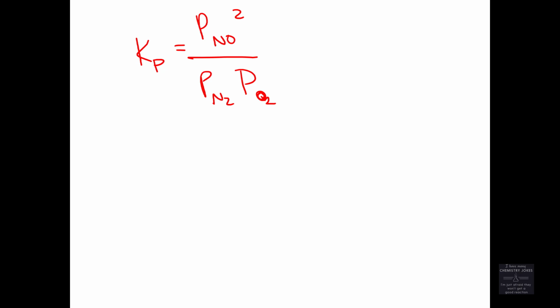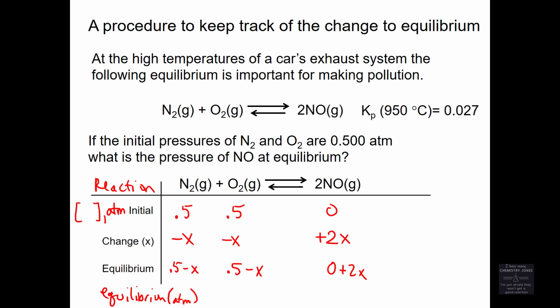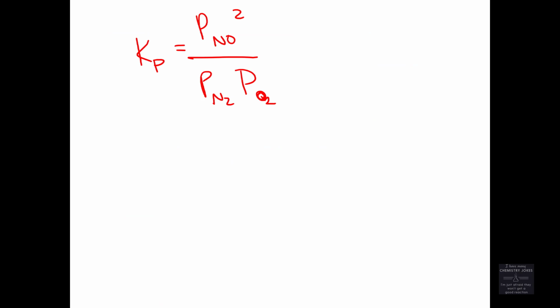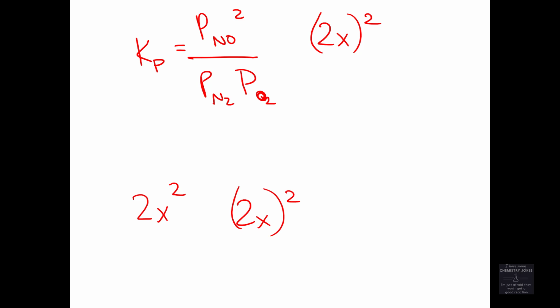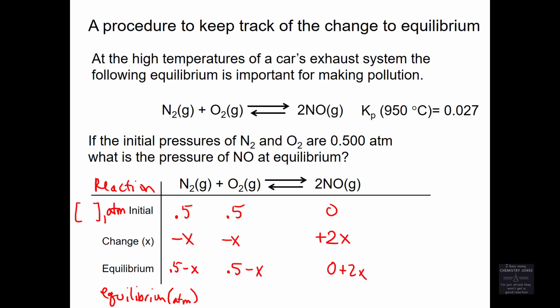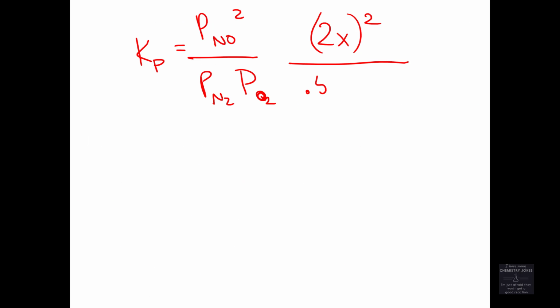Not a Q, that's an O. O2. So then if I fill in my ICE table values for that, that would be (2x) squared. Note, I put it in parentheses because 2x squared like this and (2x) squared like this are absolutely different numbers. 2x is all squared because 2x is equal to the partial pressure of NO. Okay, so the partial pressure of N2 is 0.5 minus x, times 0.5 minus x.